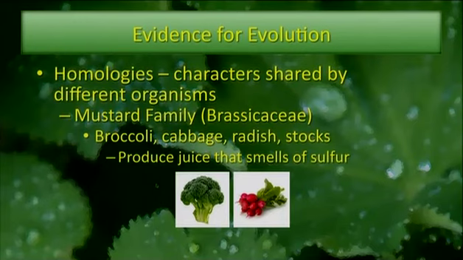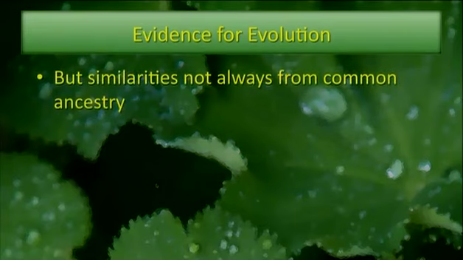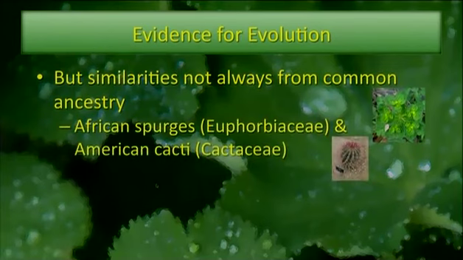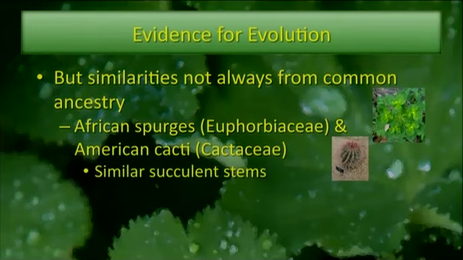But similarities are not always from common ancestry like they are in the Brassicaceae. You have two groups: the African spurges, or the Euphorbiaceae, and American cacti in the Cactaceae. They tend to have similar succulent stems, or stems that hold a lot of water, because they both evolved in dry habitats, to which they became adapted.